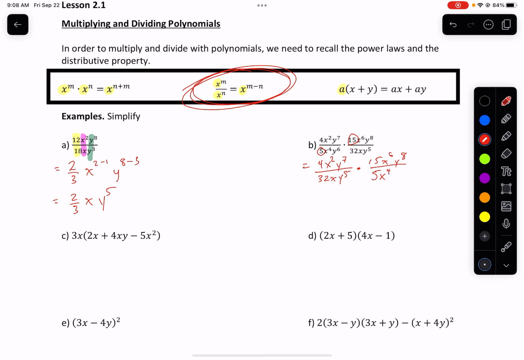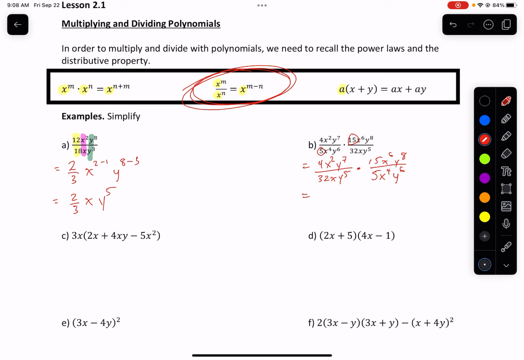You can shuffle the denominators around. I did that because now I can see 4 goes into 32 easier than 4 went into 5, and 15 divided by 5 is a number that I like. Then I can just use my power laws to reduce things. So I'm going to go 4 over 32. What's that? 4 over 32, not 32 over 4. It's 1 over 8.